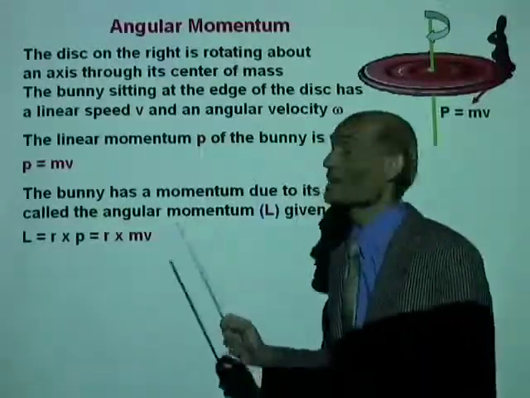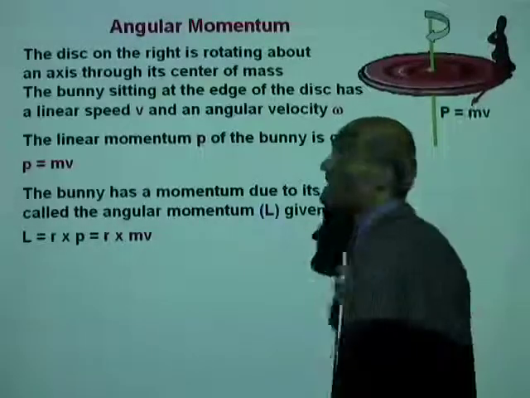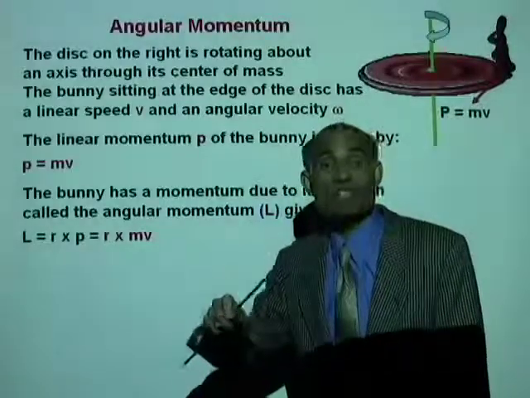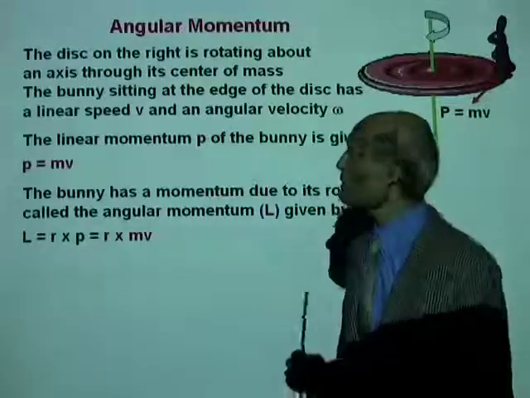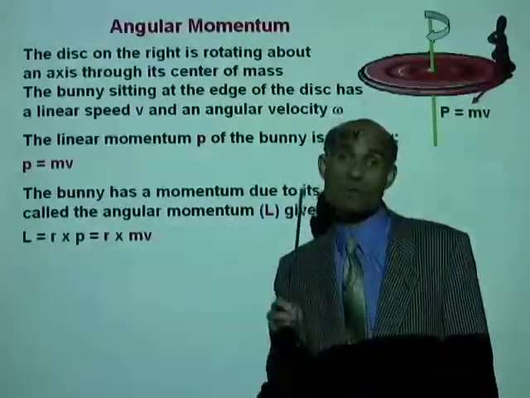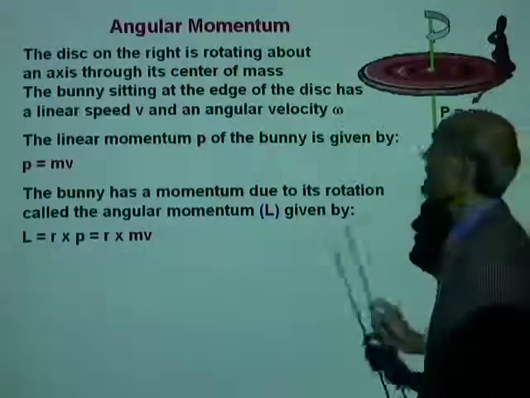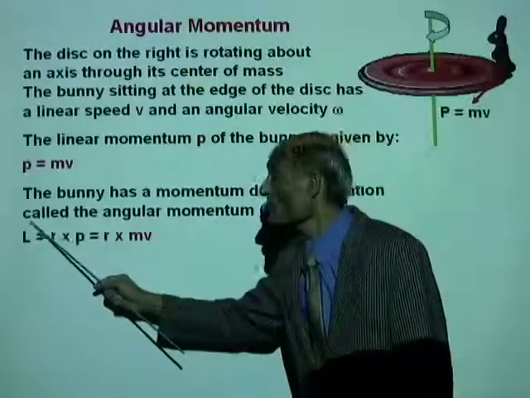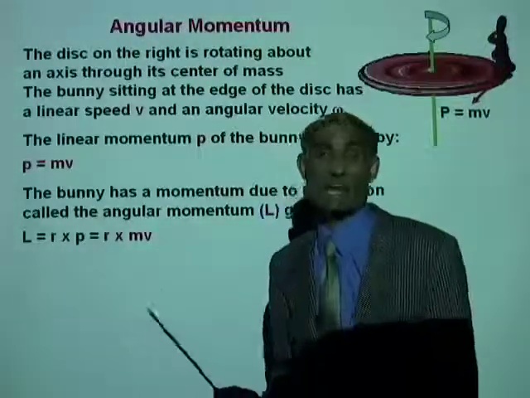If the angle between r and p is not 90 degrees, then it will become r times mv sine theta. But we will consider cases where the angle between r and p is 90 degrees.